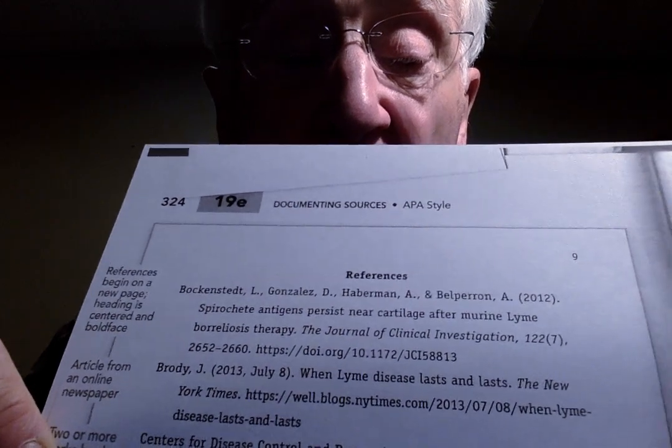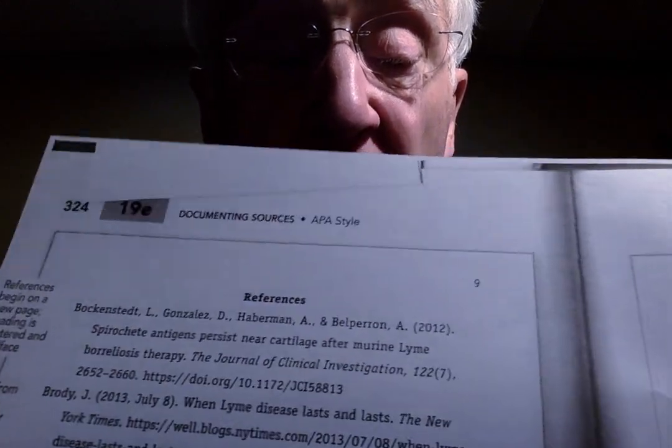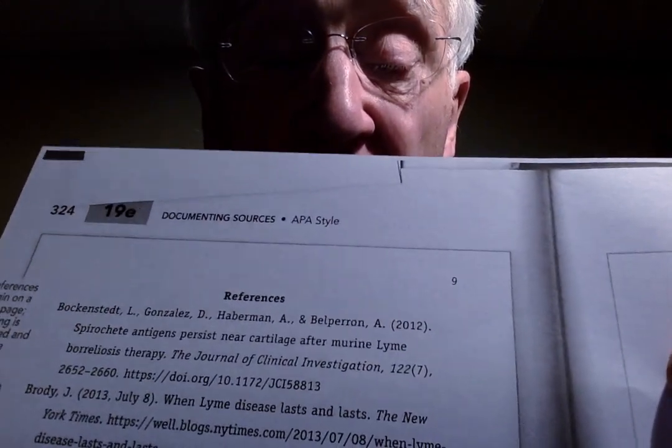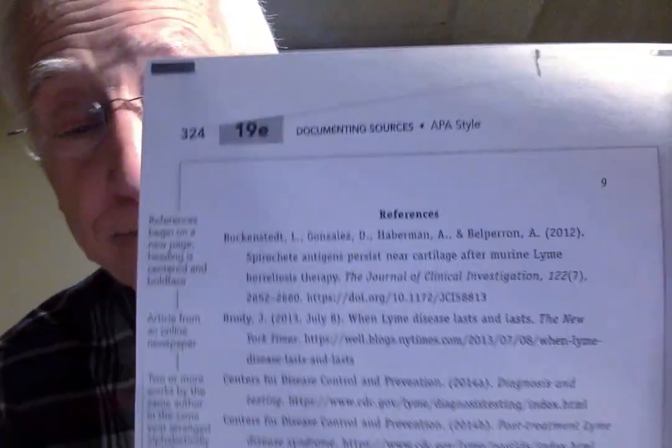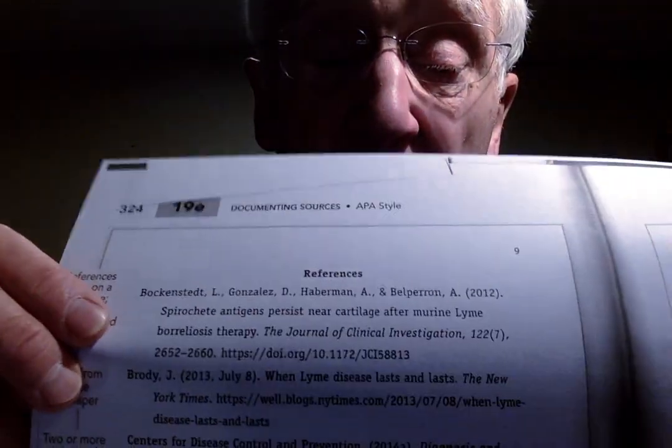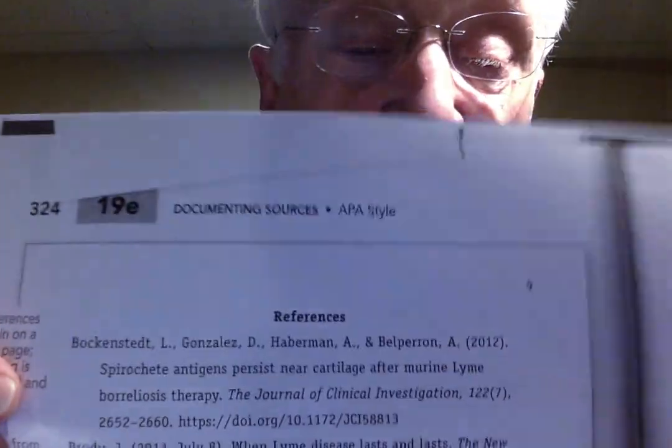Okay? Now notice tip number 4. In the upper left-hand corner? That doesn't make sense. As I'm facing it, it's the right, so it must be the upper left-hand corner, is the page number, okay? So you put a page number on your reference sheet too.